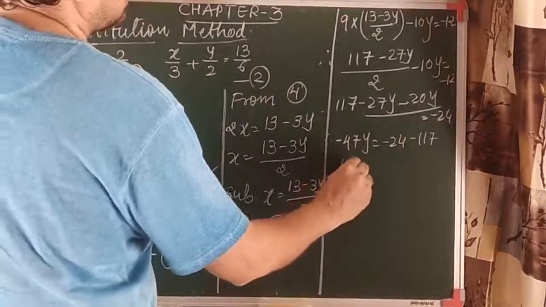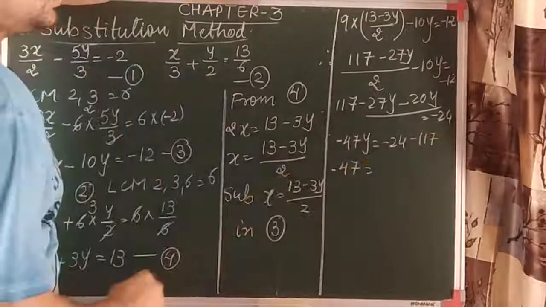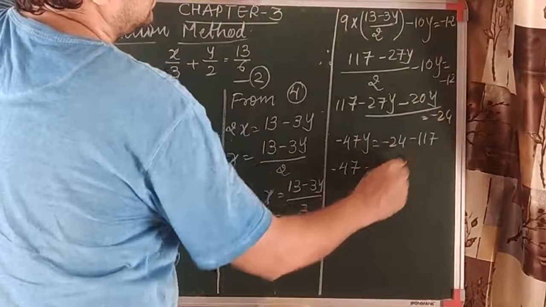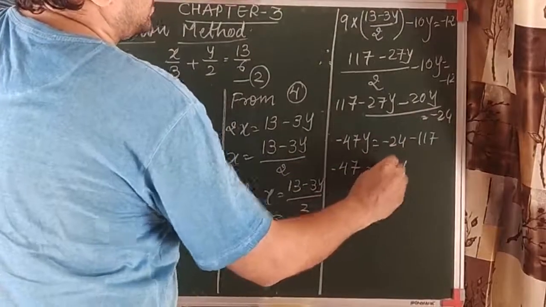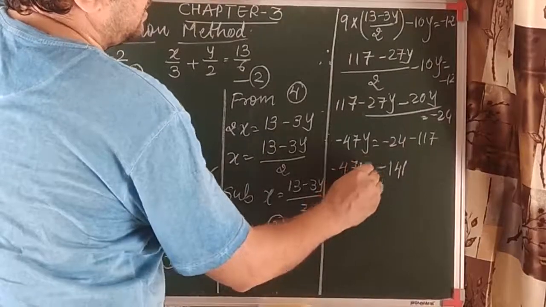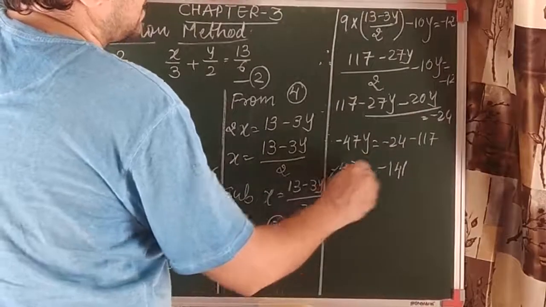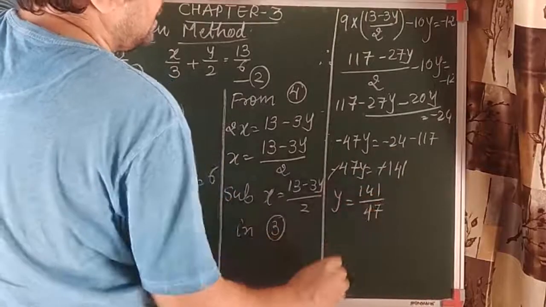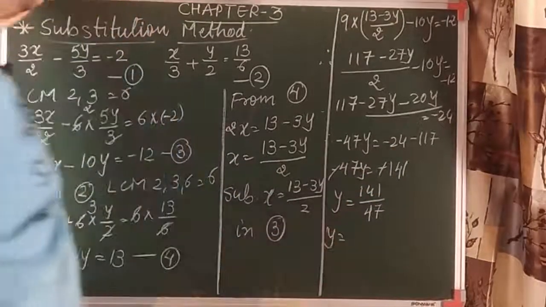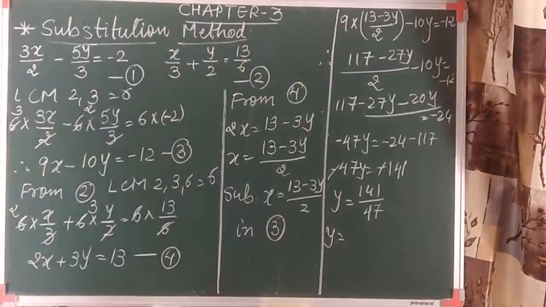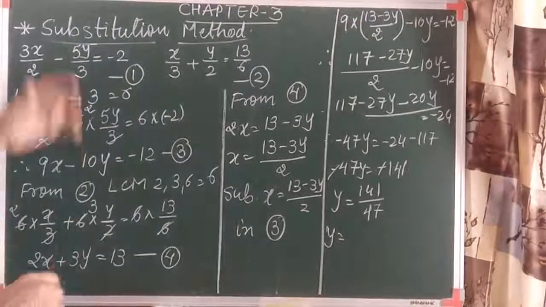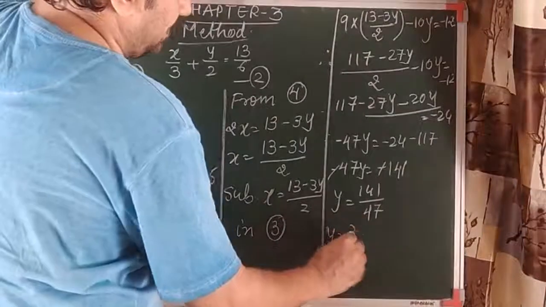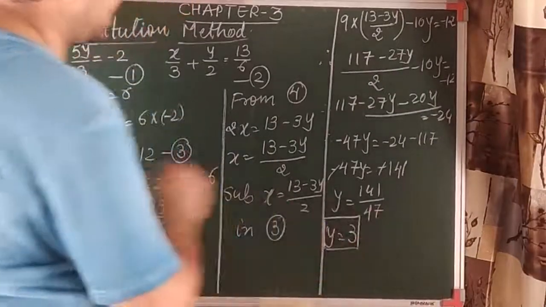So minus 47y is equal to, again I'll do the addition, minus 141. So y is equal to 141 upon 47, the minus signs cancel. Let's see whether it is divisible by 47. 47 3s are 141. Yes, it is possible. So we can see here that the value of y is 3.